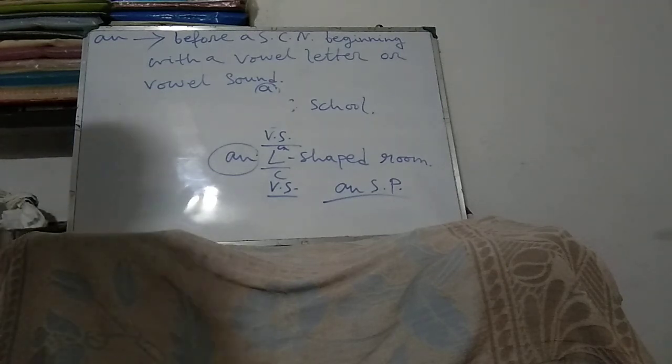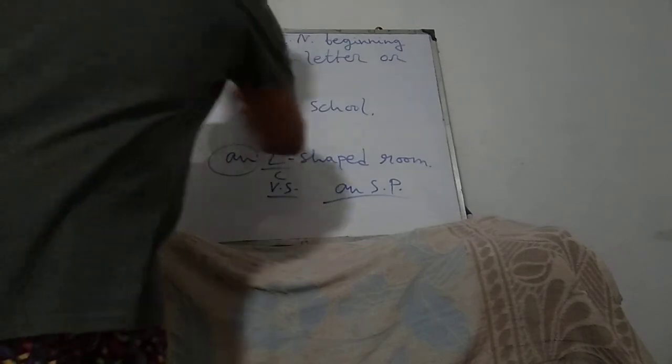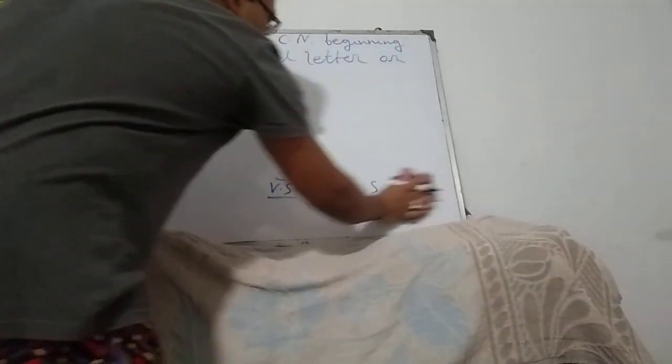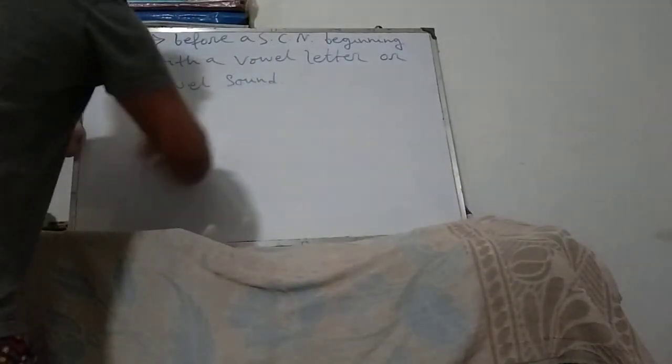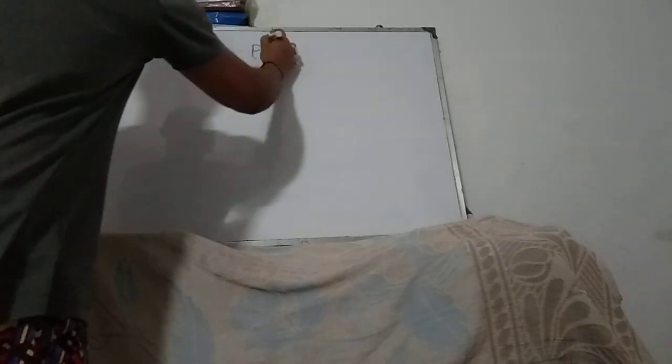Now I am going to refer to some particular expressions or words, the list of which is given in your book. Generally, a is used in these expressions. For example, what a pleasure.